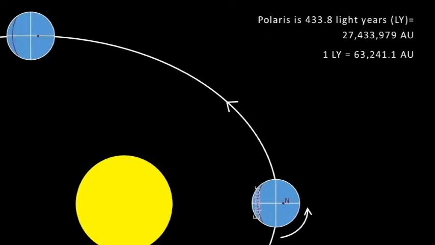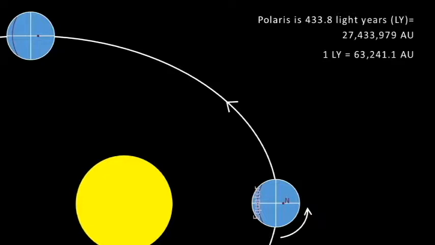But people seem to be a little confused about which way north points from the actual axis of Earth's rotation. Well, it always points towards Polaris at the present moment in time, without getting into Earth wobble and all that stuff. But Polaris is about 433.8 light years away.